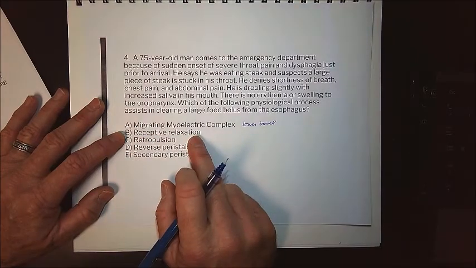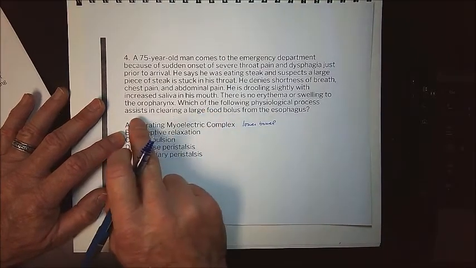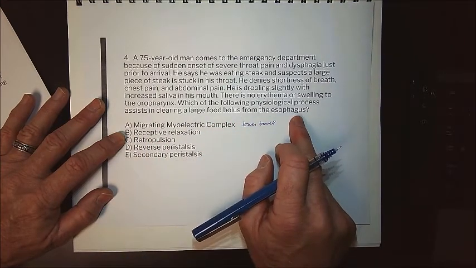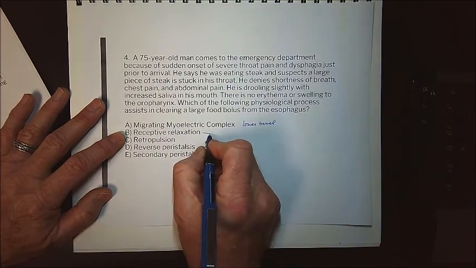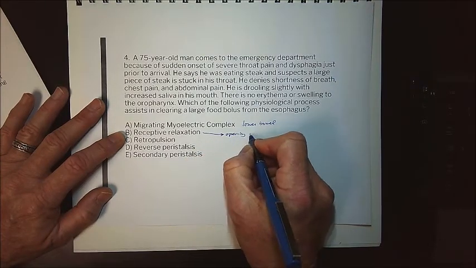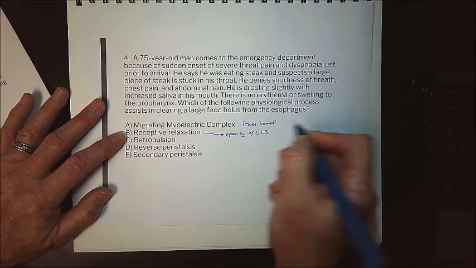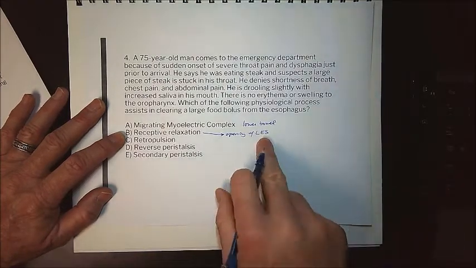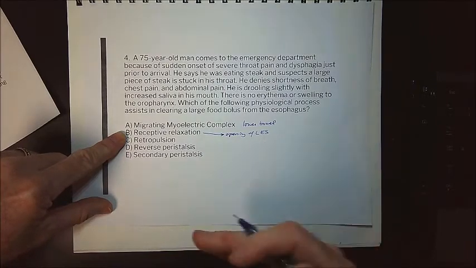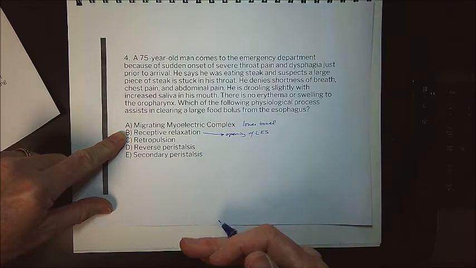Receptive relaxation. Now, does this involve clearing a large bolus of food from the esophagus? Okay, well, you could potentially say that there is an opening of the LES. Remember that the lower esophageal sphincter opens and relaxes as soon as the food passes the upper esophageal sphincter, the UES.